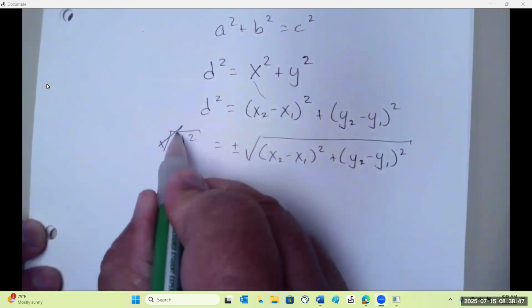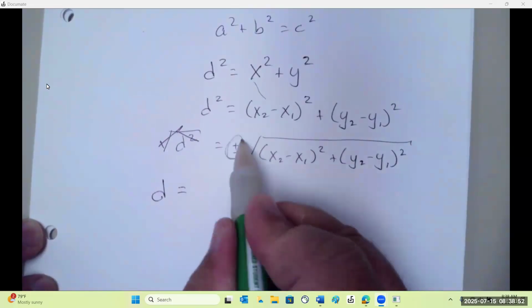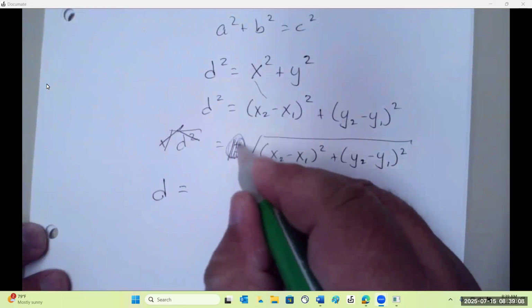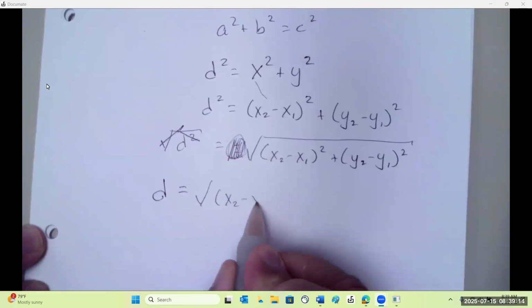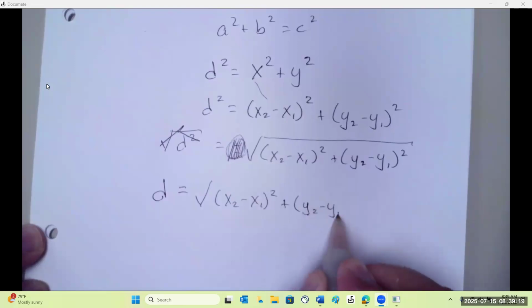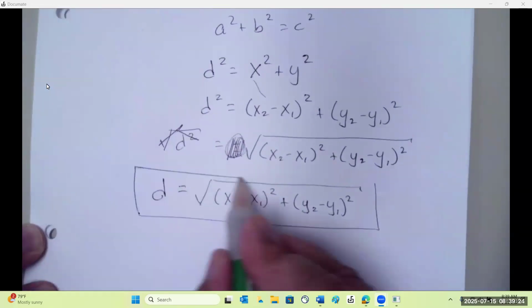The square root and the square cancel, so we just have D. Let's look at this part. Can you have a negative distance? No, there is no such thing as a negative distance. Whether you walk forward, backwards, to the side, you're still going a distance. So this is always going to be positive. X2 minus X1 squared plus Y2 minus Y1 squared. And there's our formula for distance.